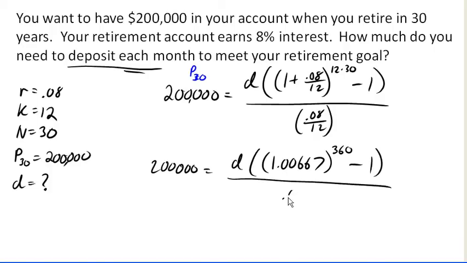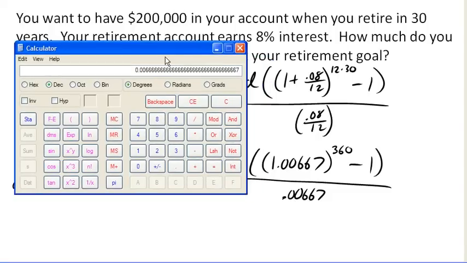0.00667. Now I can pull out my calculator and figure out what this part is. So I'm going to take 1.00667, raise it to the power of 360, and now I need to subtract 1 from that. So minus 1 gives me 9.948.